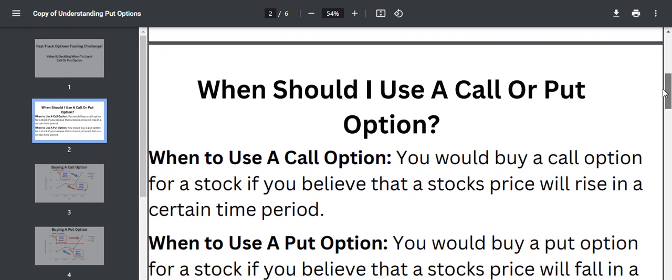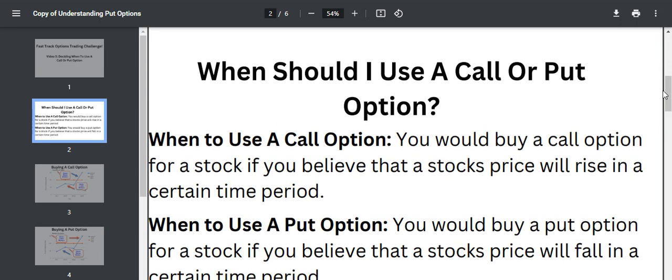So, big question: when should I use a call or a put option? When would you use a call option? You would buy a call option for a stock if you believe that stock's price will rise above a certain point in a set period of time.